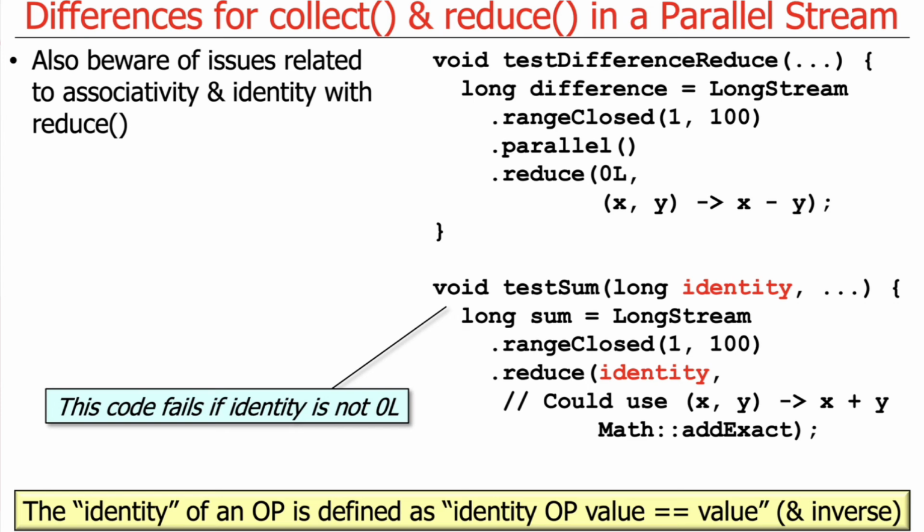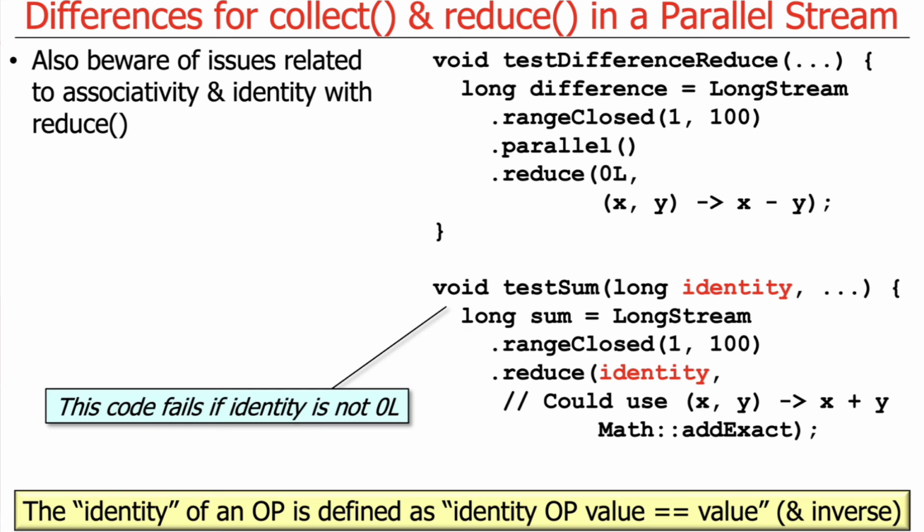Another thing to be aware of is be careful about the identity value. You have to pick an identity value that indeed is the identity for the operation that you're using. So this code here, where we're doing addition, will fail if we don't put in a 0 as the identity value. The identity value of any operation is defined such that identity operation value equals the value.